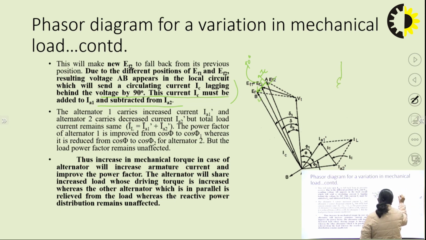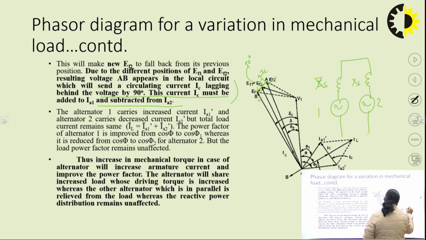Suppose this is the equivalent circuit representation: this is alternator 1 with its reactance Xs, this is alternator 2 with its corresponding reactance, and a common load is connected over here. The circulating current is flowing in this direction.